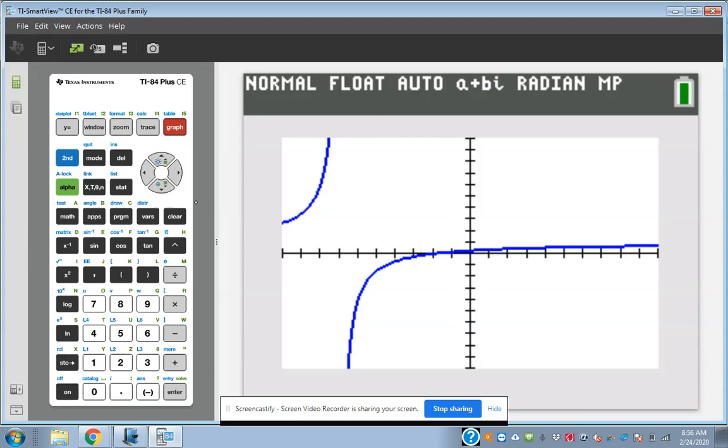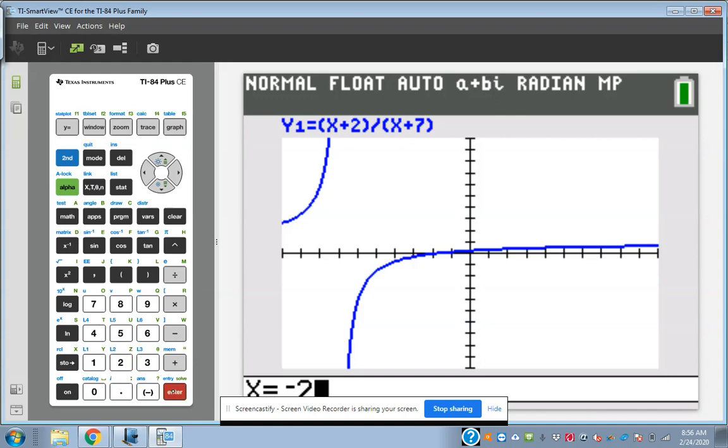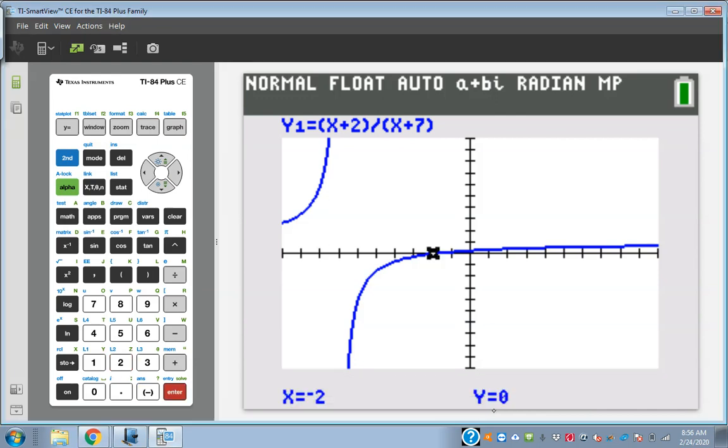That looks good, right? Where's it crossing the x-axis? It's at -2, right? So if I hit trace and type -2, look at the y value down here, it's 0. It's the right x-intercept, right?